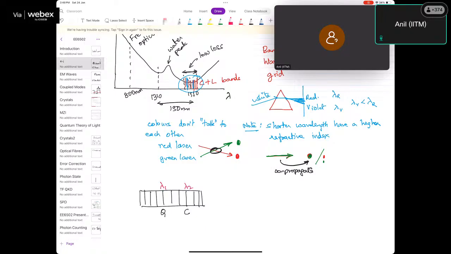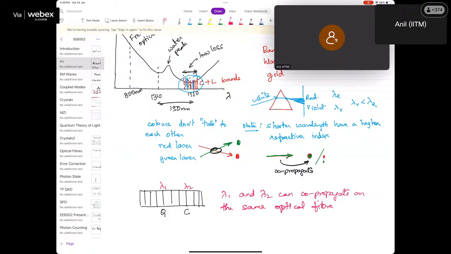And the two can co-propagate on the same optical fiber, assuming negligible crosstalk.